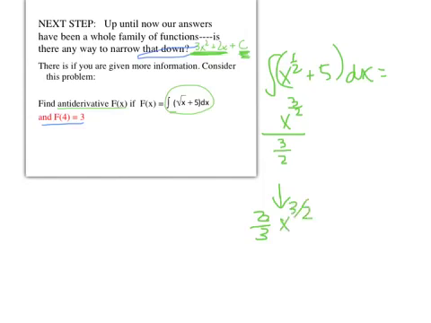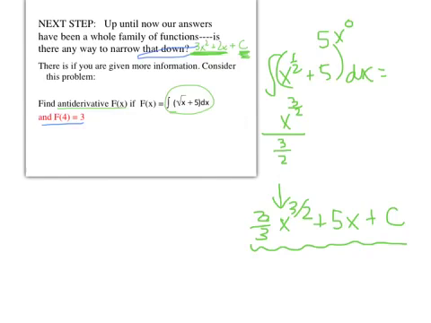And then this, I prefer to think of this as 5x to the 0. At any rate, if you are trying to think of some function that has a derivative of 5, you're either going to raise this by 1 and divide by that new number, or just reason it out that it's got to be 5x plus a constant. So here is the first part of our answer.